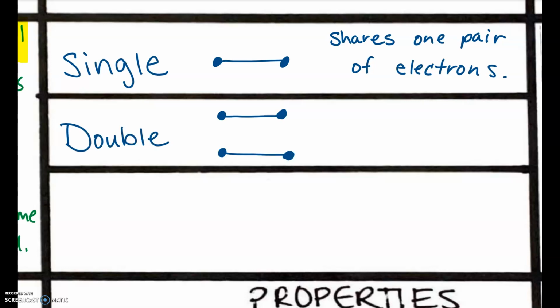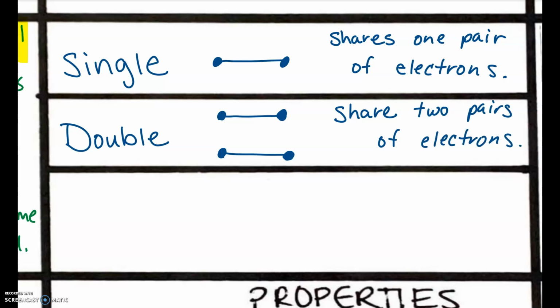The next type of covalent bond is a double bond. In a double bond, 2 pairs of electrons are shared, and it's shown with two lines between 2 atoms. So it shares 2 pairs of electrons.